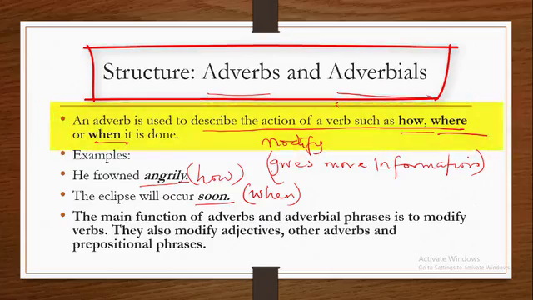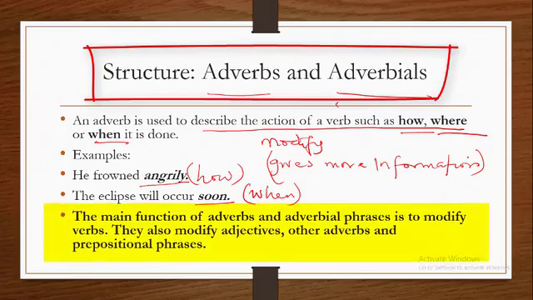Okay, so the main function of adverbs and adverbial phrases is to simply modify verbs, adjectives, other adverbs, or prepositional phrases. Okay, so they majorly modify verbs. Let's start with that. They majorly modify verbs.